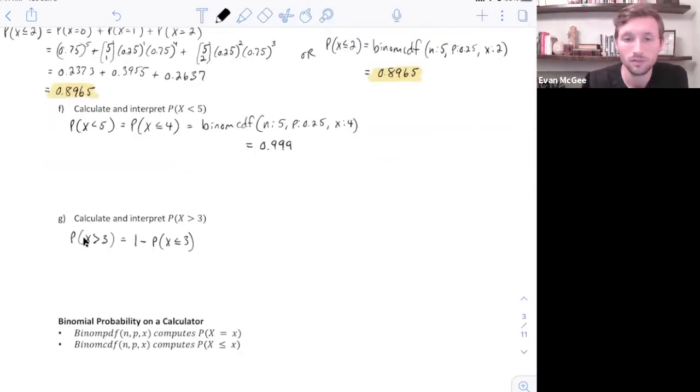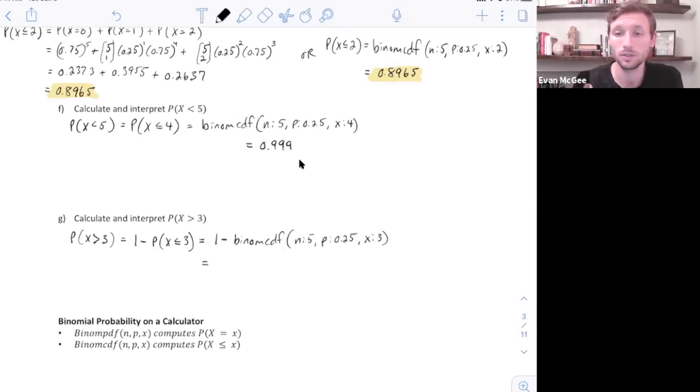So to find the probability of x being greater than 3, I have to use the complement rule because my calculator can only tell me that which is less than or equal to. So my calculator can tell me the complement of this, which would be 3 or less, because if it's greater than 3, it's going to be 4 or 5. But I want the complement of that, which would be 3, 2, 1, or 0. So that's why I'm doing 1 minus its complement. And this is what I'll put in the calculator to get the correct statement.